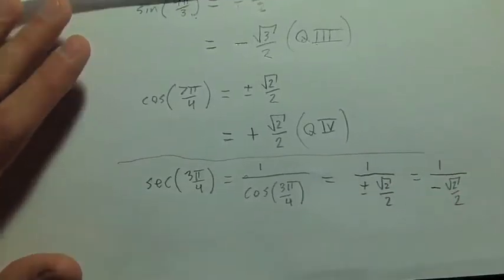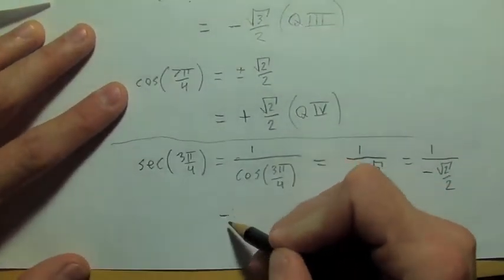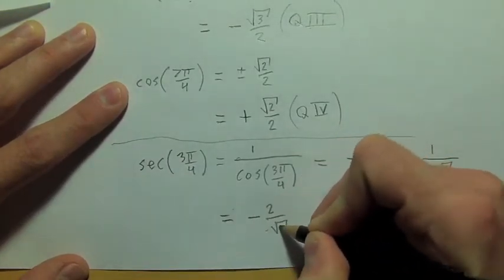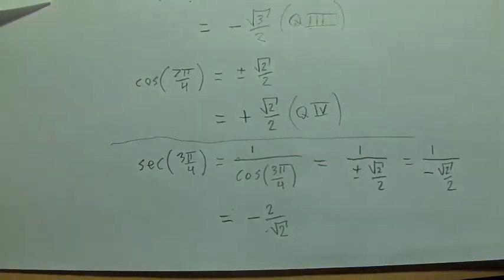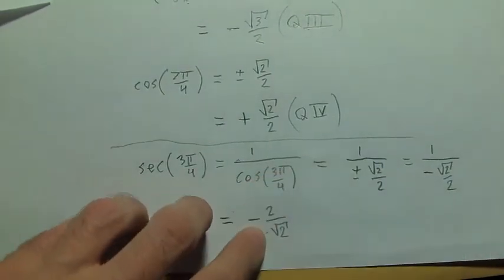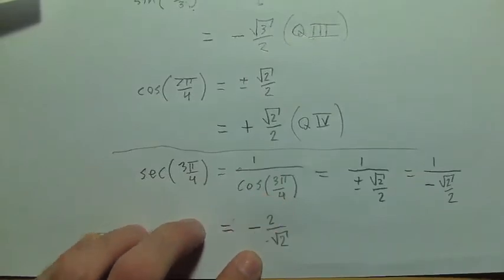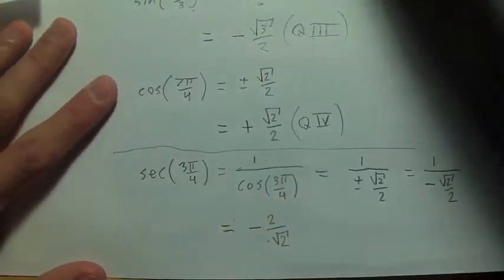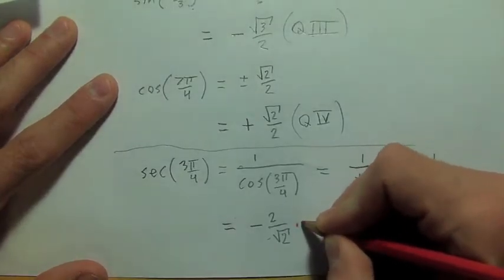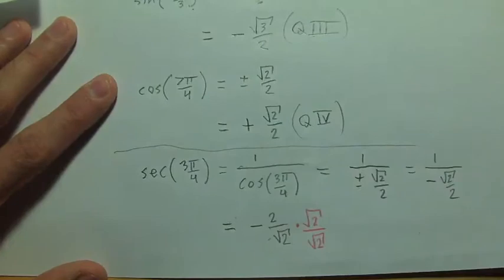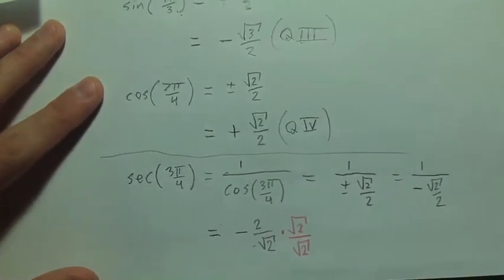Now, we don't want to leave it like this, right? It's going to be negative 2 over the square root of 2. Now, if you were to look up the values of secant in a table or something, they would never, ever list it like this. You would never see just 2 over square root of 2. What they usually do is this number right here, where they conjugate that square root to get it out of the denominator.